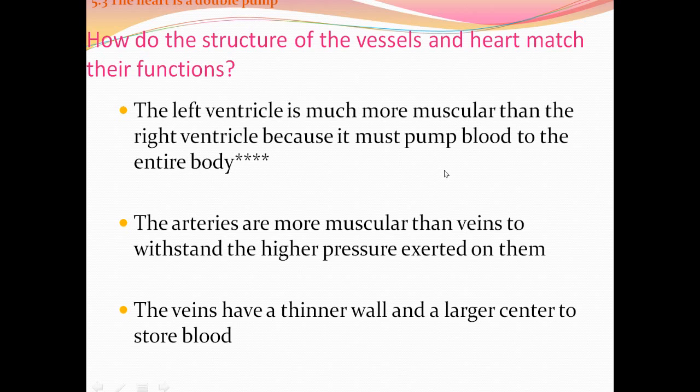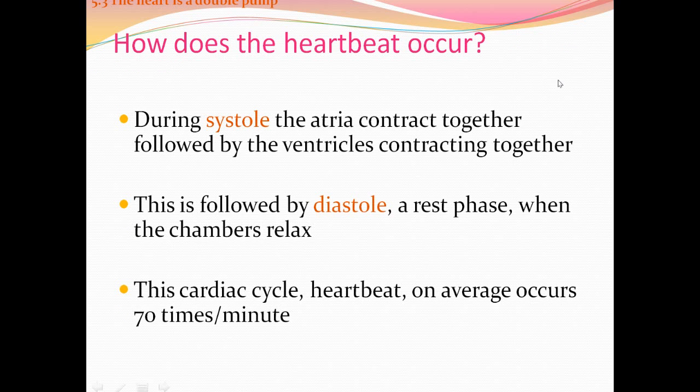The right side only pumps it to the lungs. The arteries are way more muscular than the veins, because there's a lot of pressure put on them when the heart beats. They have to withstand a lot of pressure. Veins are thinner and floppier, and they carry more blood, so they have a high capacitance. Now I'm going to stop here.